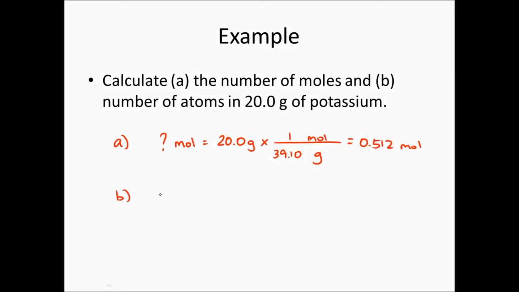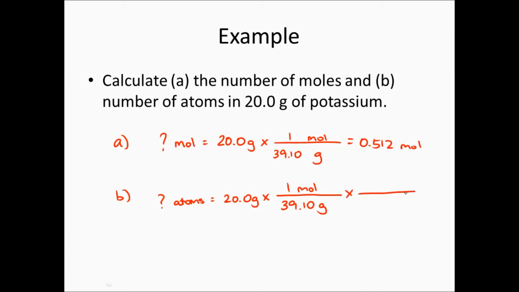As a result, we can find the number of atoms. If I start from 20.0 grams, this time I can't get directly from grams to atoms. So I need to go to moles first. In all stoichiometry problems, you really need to get to the mole. So I have 39.10 grams per mole.